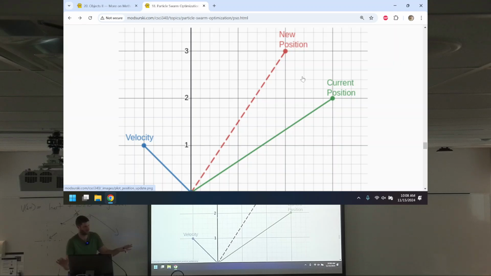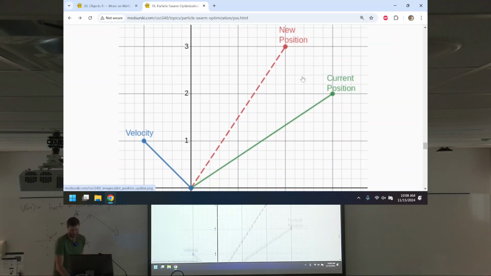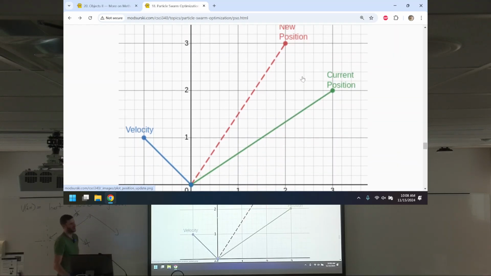Go back to grade 12. You did vectors in grade 12, right? If you don't know what vectors are, don't worry. All you have to do is remember grade 2. You just add them together.